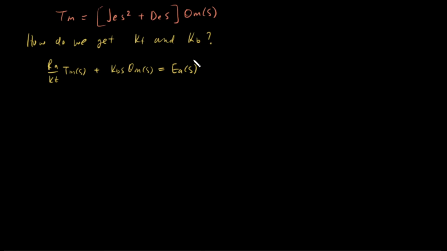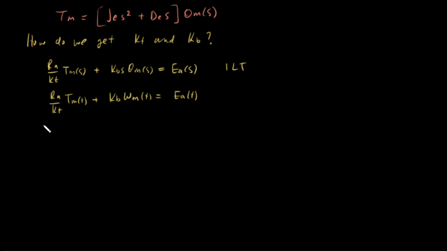If we take the inverse Laplace transform and put this back in terms of time, then we have RA over KT times Tm of t plus KB times omega of the motor, equal to EA of t.